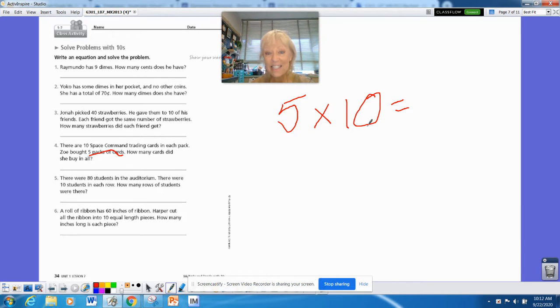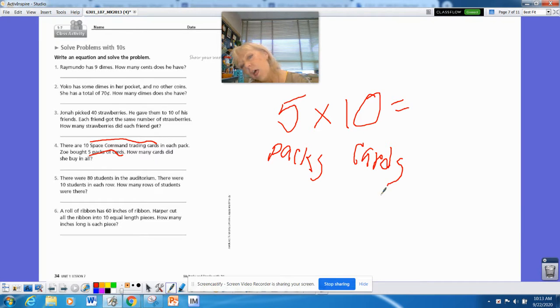Okay, what number does the 10 represent? There are 10 space trading cards in each pack. So this is how many packs she bought. And this is how many cards in one pack.